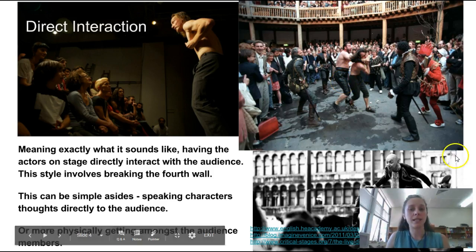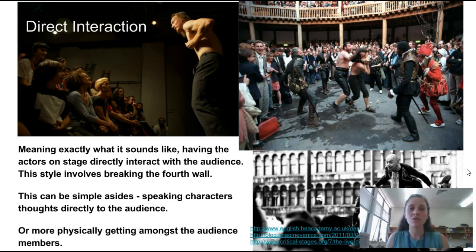That's basic direct interaction. It's not necessarily the audience getting up on stage. It's more the actor getting down to the audience. It can be in what's called a proscenium arch, which I'll show you a bit more later, and the different stage setups can be used in multiple ways in this. We'll be going over stage setup a little bit more when I get back.